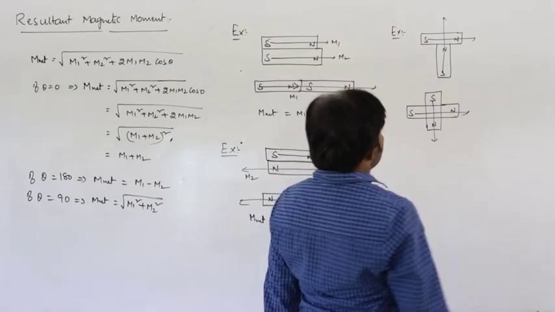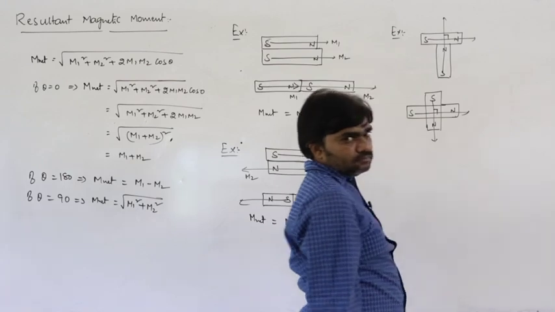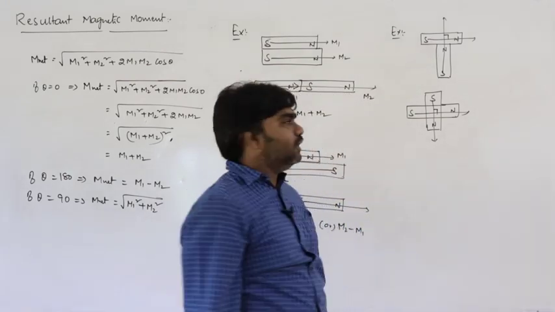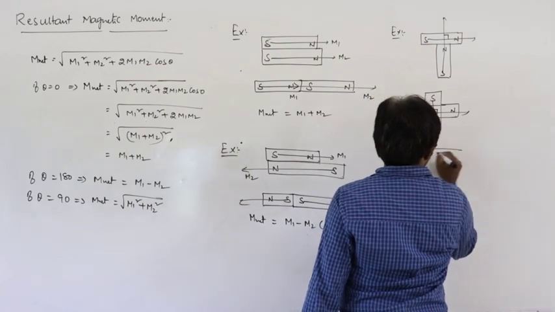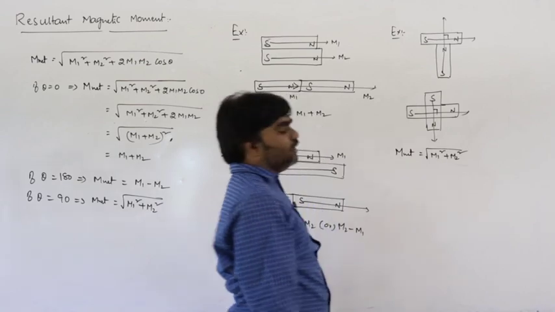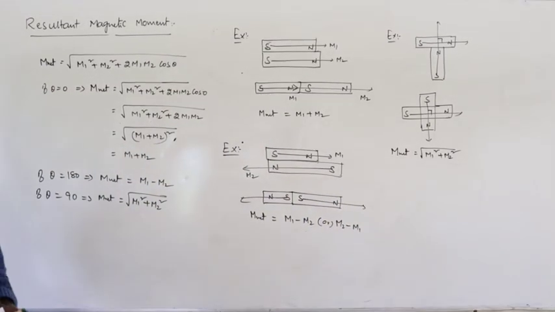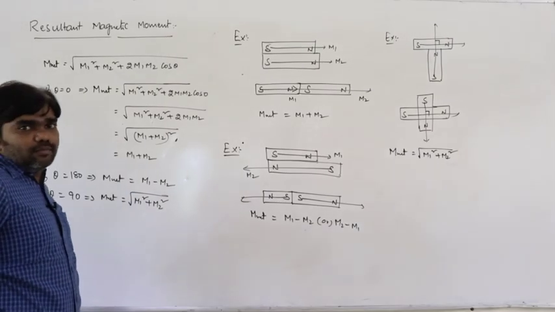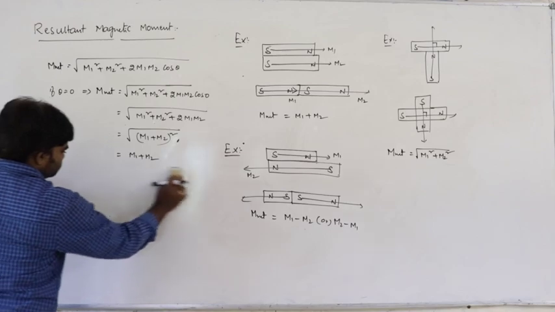So in this situation the angle between these two is 90. In these two situations, m net can be written as square root of m1 square plus m2 square, because the angle is 90. So this is the way to calculate the resultant magnetic moment.